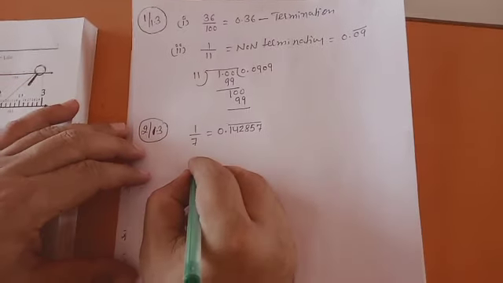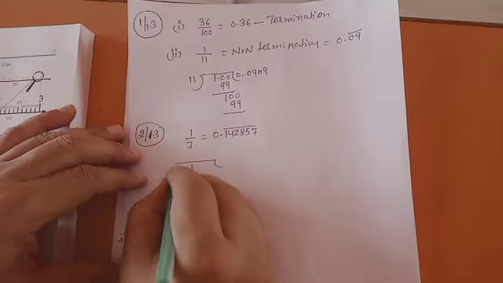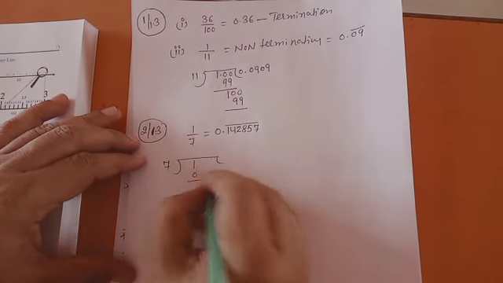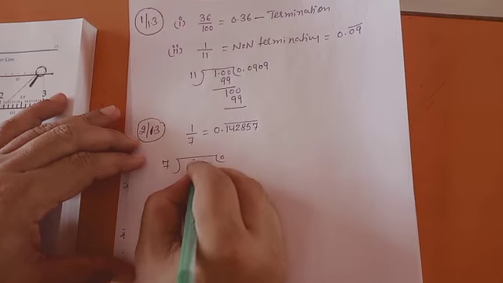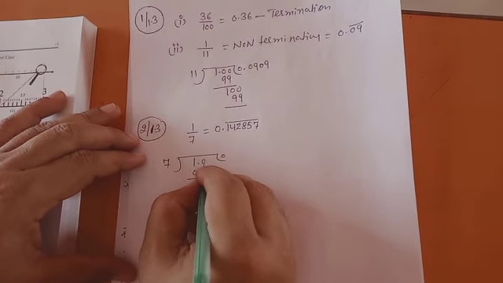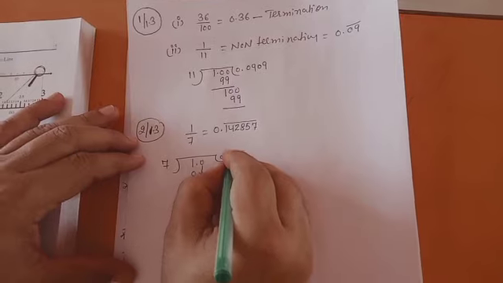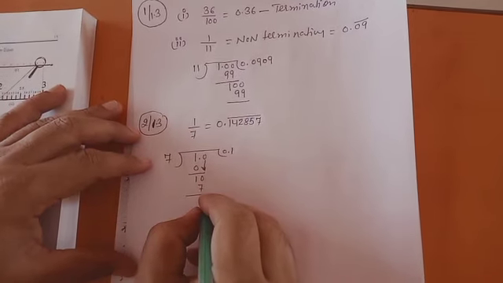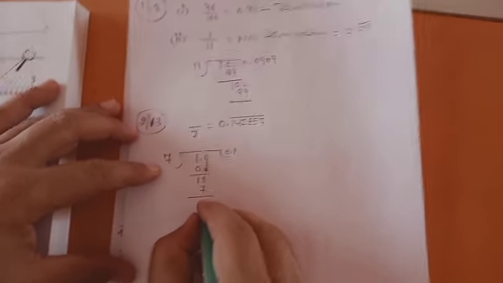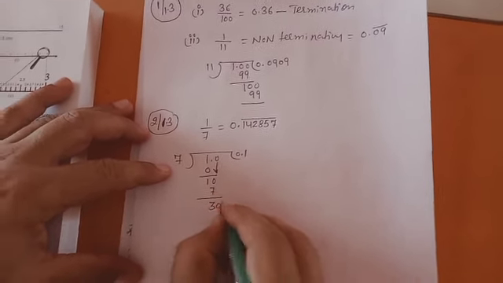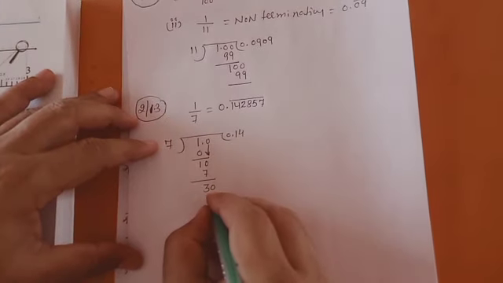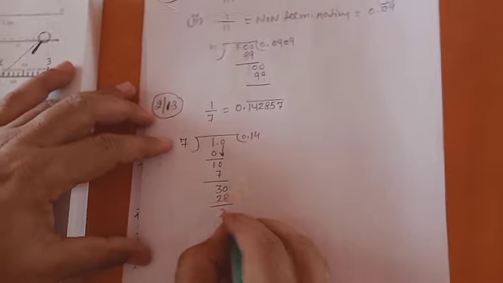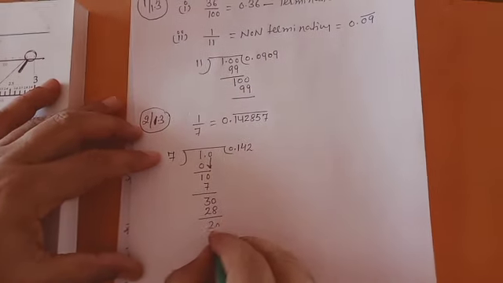You can check the division of this 1 one time. 1 divided by 7. 7 zeros are 0. How much left? 1, 0. 7 ones are 7. How much left? 3. 7 fours are 28. How much left? 2. Again 0. 7 twos are 14.